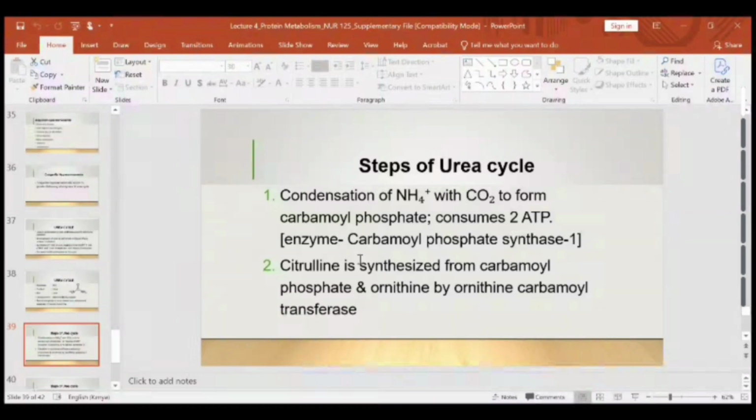The second step, citrulline is synthesized from carbamoyl phosphate and ornithine. So ornithine and carbamoyl phosphate are combined with the help of an enzyme called ornithine transcarbamylase to generate a molecule called citrulline. That's the second step.